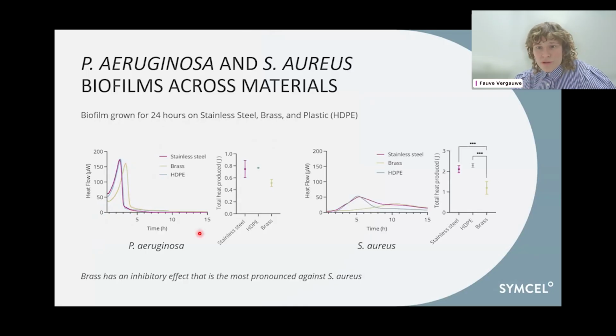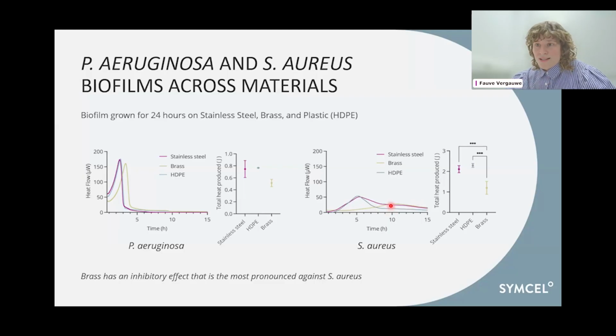If we then look at the Staph aureus data, we really see a big difference here. It doesn't like brass at all. It takes hours longer for it to peak. So this really shows that there's an inhibitory effect of the brass, and it's the most pronounced against Staph aureus.